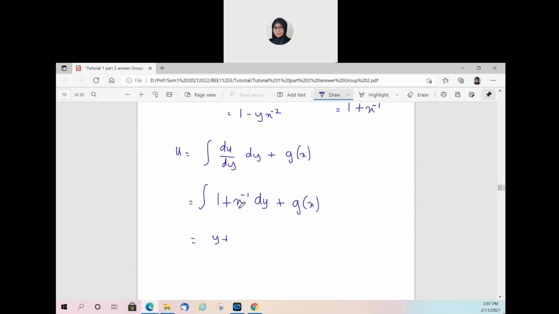Plus with, you integrate x minus 1 terhadap dy. Cepat. You integrate x minus 1 terhadap dy. So what is your answer here?